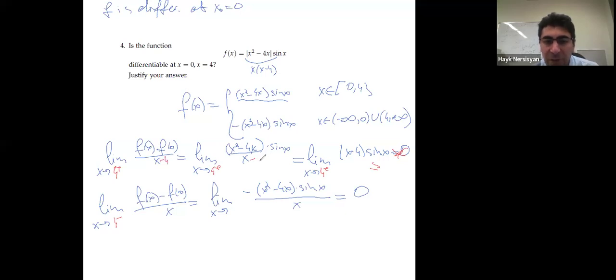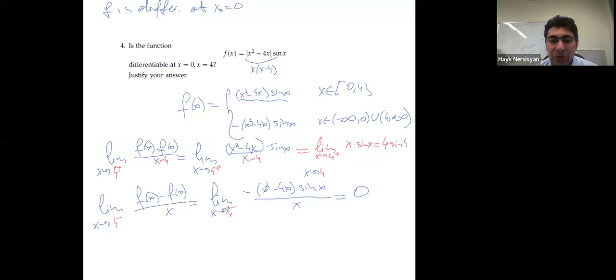Let me erase, let me clean this up. And we get here the limit x goes to 4 from the right side. We get x multiplied with sine x.